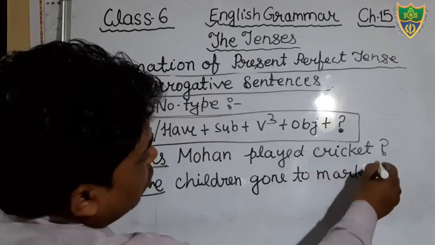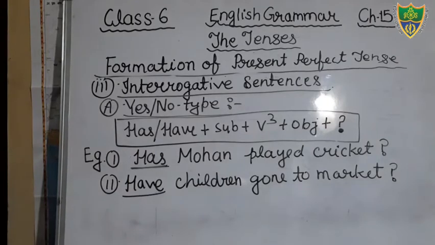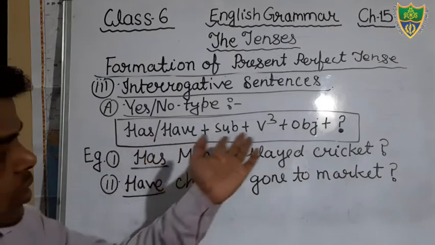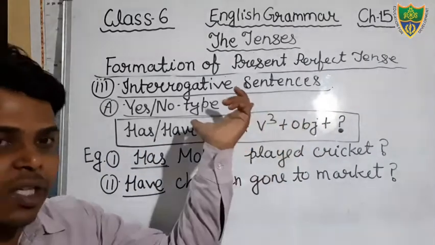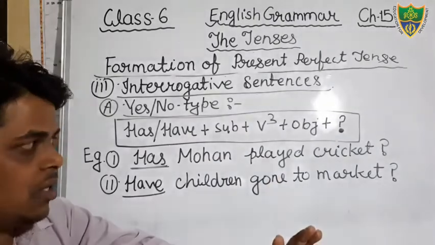Have children gone to market? Okay, just see. Have children gone to market? There is a helping verb at the beginning of the sentence, then the subject, then the third form of the verb, then the object. Okay, students, so this is your structure. Keep it in your mind, this is the structure of SNO type, and these are the examples of SNO type sentences.